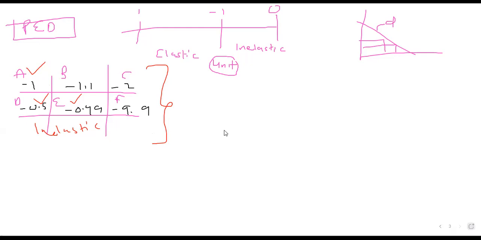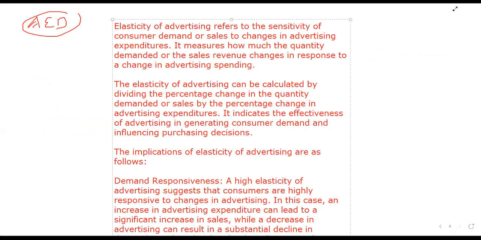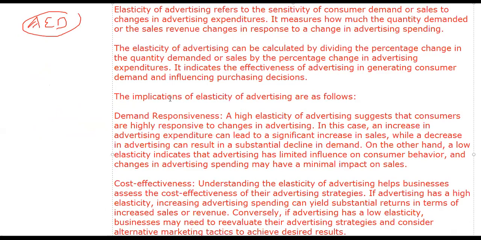Right. You'll also have what we call the advertising elasticity of demand. What does advertising elasticity of demand measure? So we understand that advertising is one of the determinants of demand. So when you're looking at advertising elasticity, we are looking at the sensitivity of consumer demand or sales to changes in advertising expenditure.